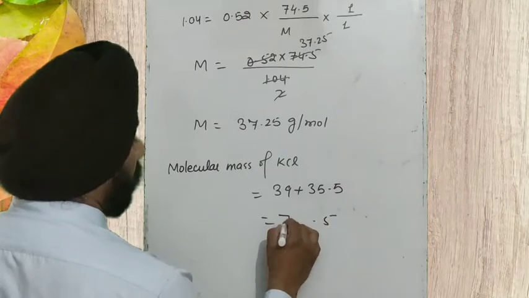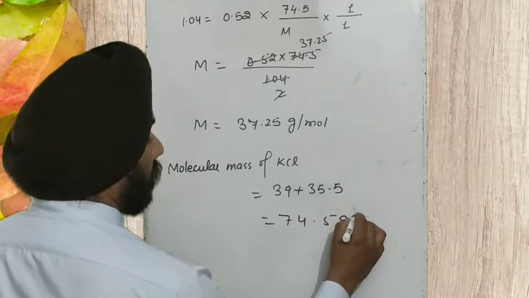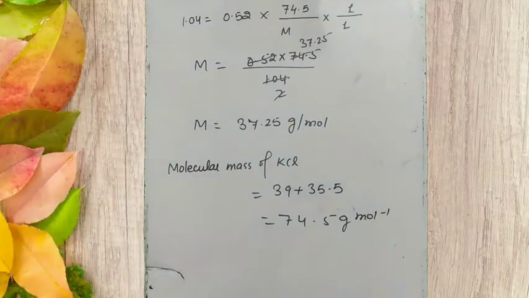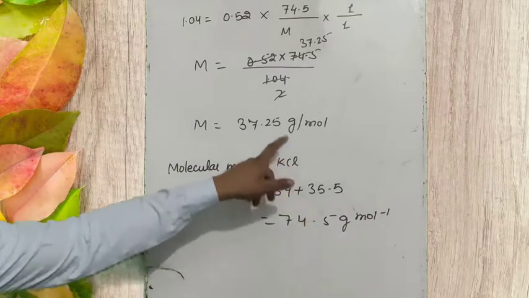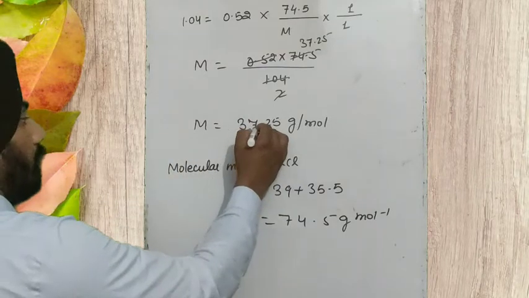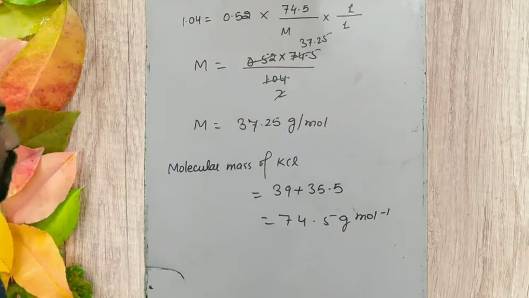It must be 74.5 gram per mole. So it must be the molecular mass, but we have just now calculated 37.25. That means we are calculating wrong; we have made some mistake.